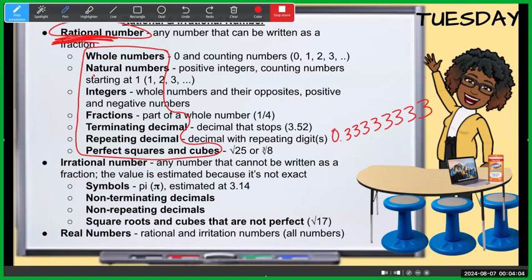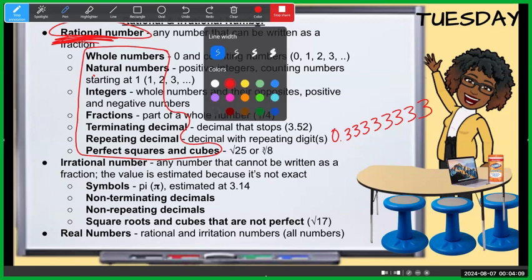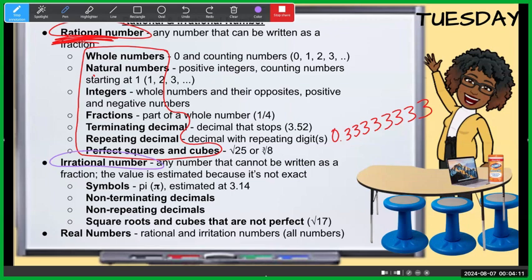And these are examples of all irrational. Anytime that number has a root symbol, it's rational if it's perfect.